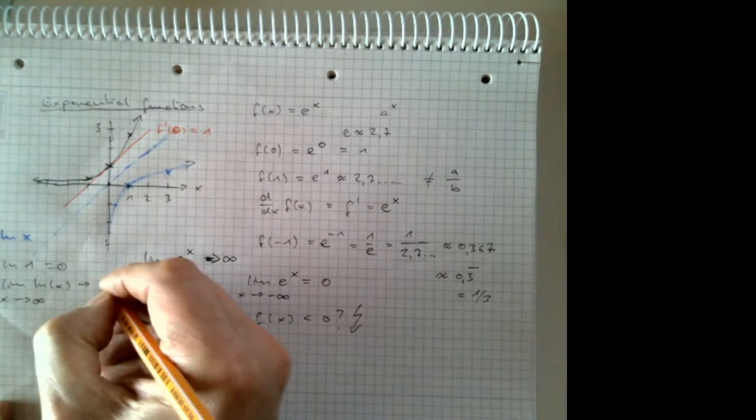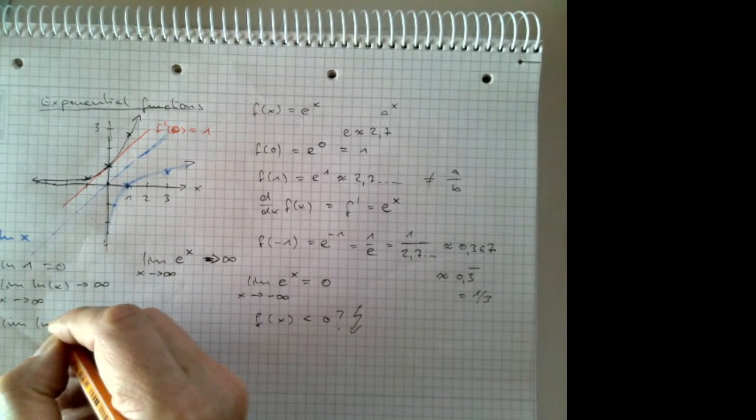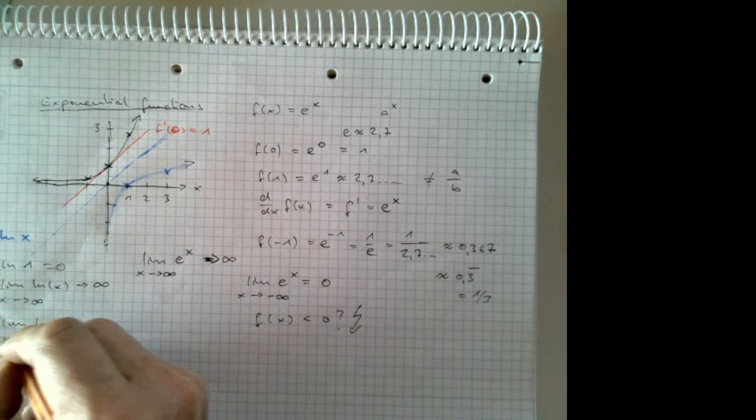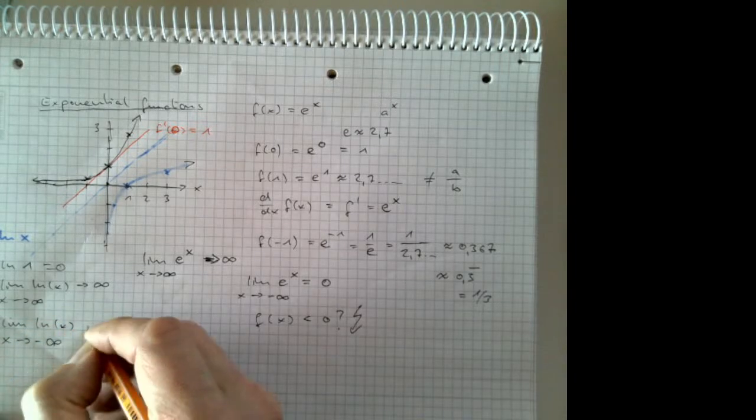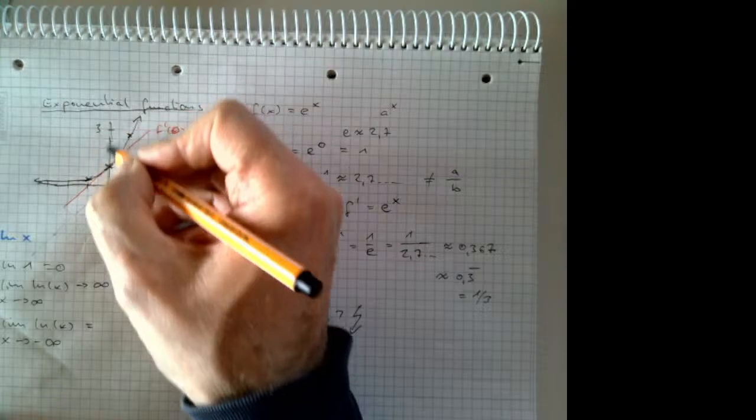Infinity. What's the limit of ln x for x approaching negative infinity? We're coming closer and closer to 0, right?